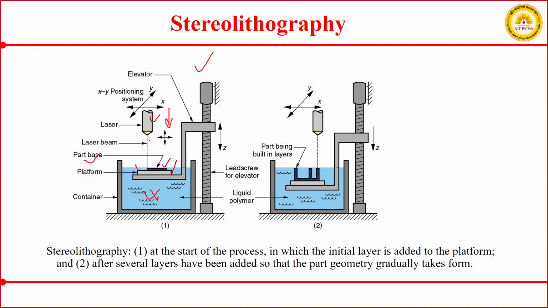Wherever your laser moves, this liquid will get solidified, and the first layer of your material has been printed due to the solidification of liquid polymer. As soon as the laser moves over the whole surface, the whole layer gets solidified, and you lower the platform by a distance delta z.